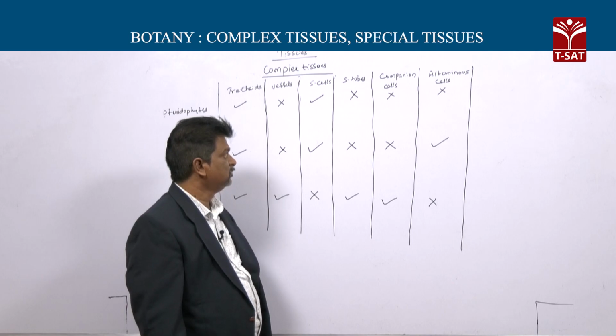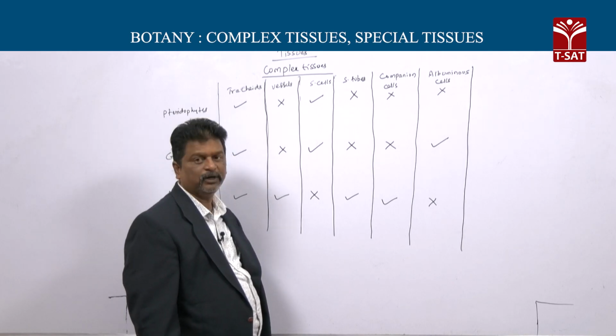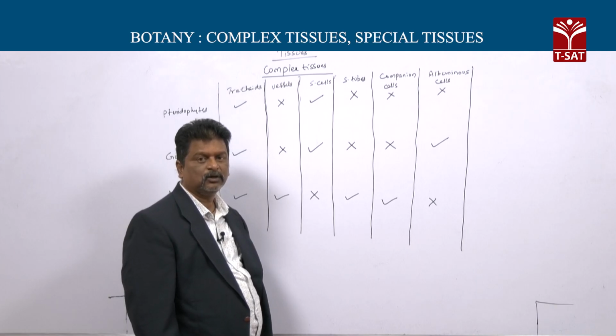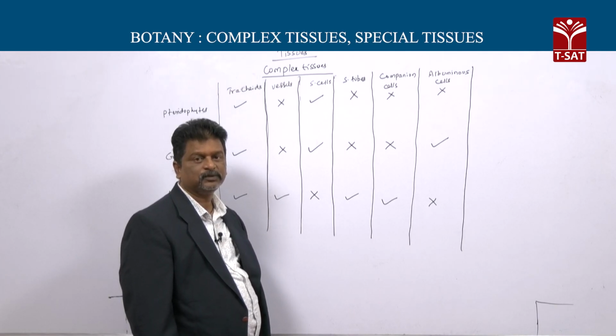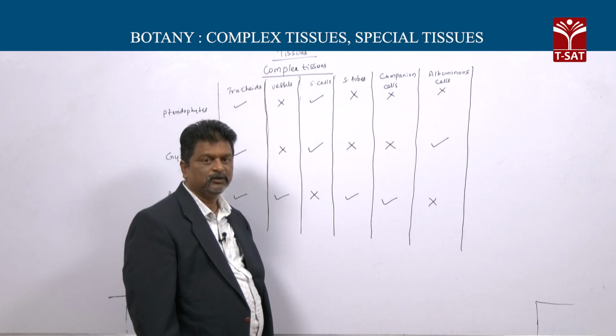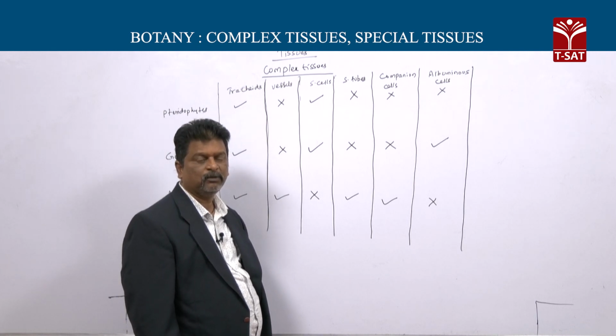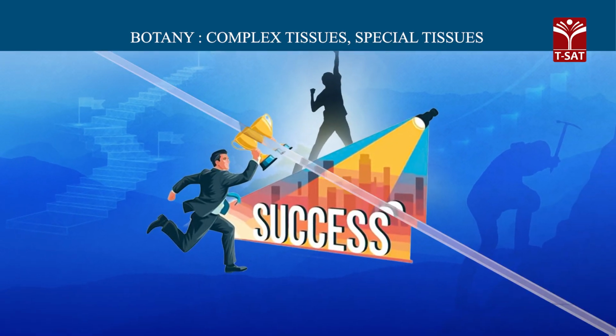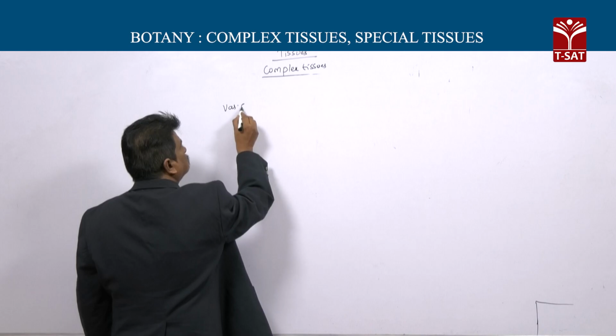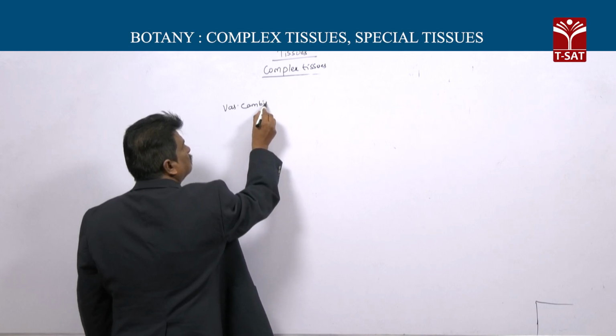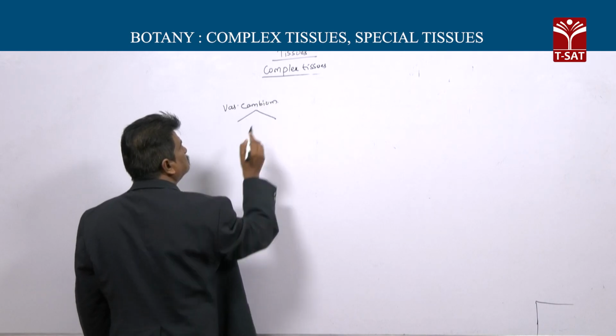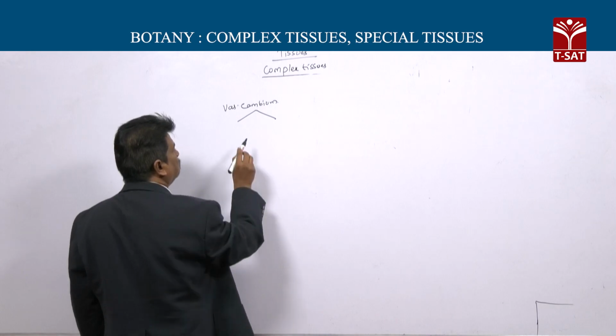Rightly, the sieve tube and companion cell are both developed from the same mother cell. So sieve tube and companion cells are called sister cells. That is why if the sieve tube is not formed, the companion cell is also not formed. Your vascular cambium produces two types of wood.